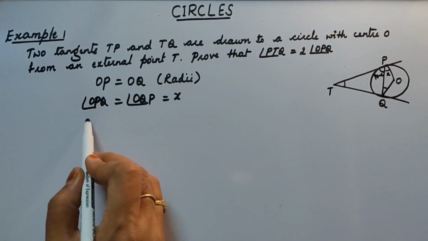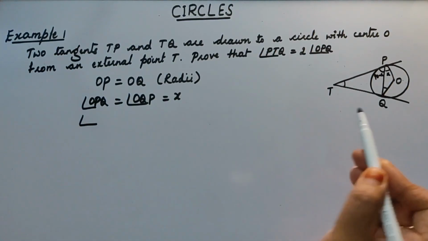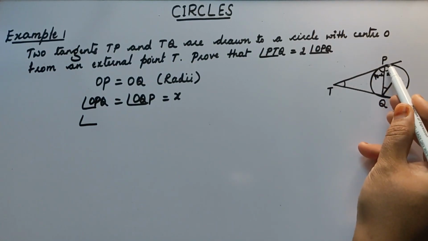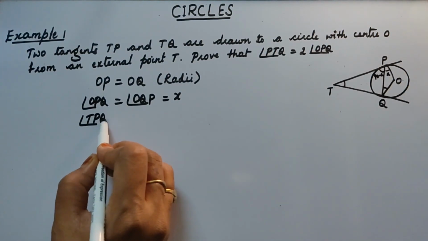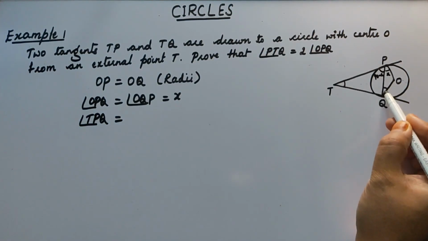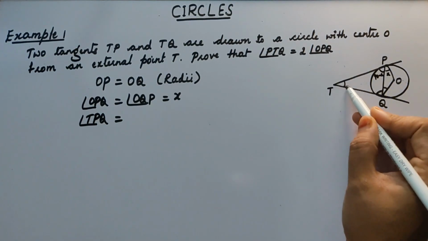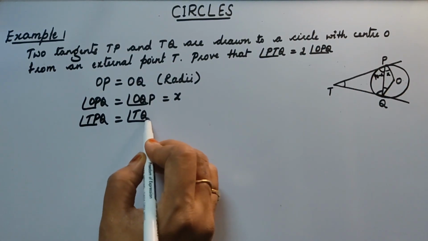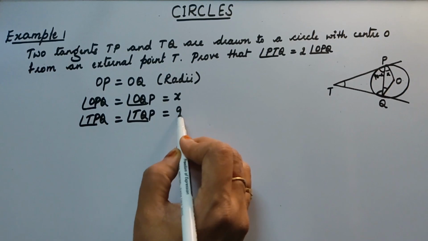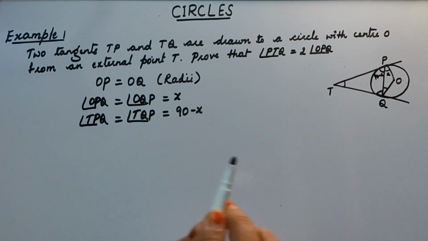Let me write here angle TPQ is equal to, now here the same. If this is x, this will be 90 minus x. TQP, which is equal to 90 minus x.